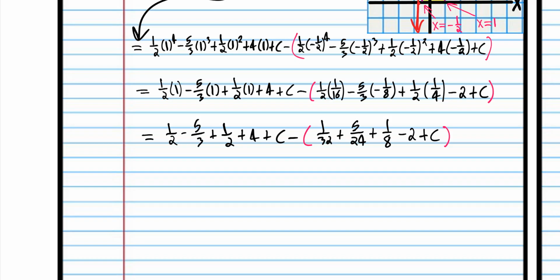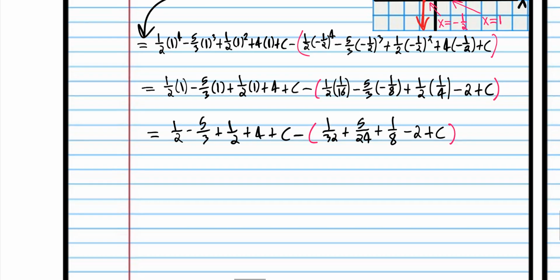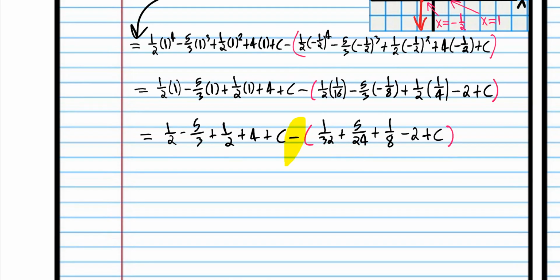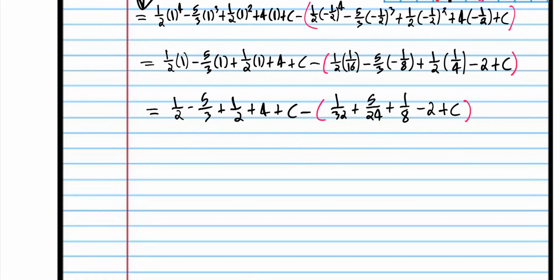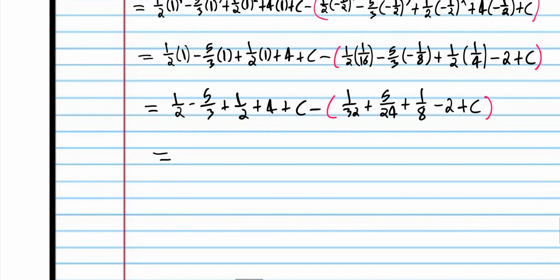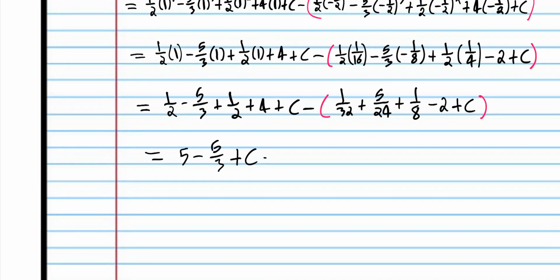So we have not distributed the yellow negative symbol yet. I'm going to add some of these numbers. 1/2 plus 1/2 is 1, plus 4 is 5. And then I'm going to distribute the negative finally.